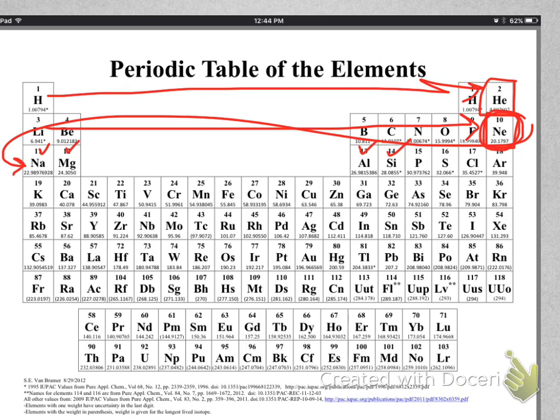Now, it takes a little bit of practice on this, and a lot of people will start out still needing to write the electron configuration notation. But once you get good at it and once you learn some tricks from the periodic table, it's very simple. Let's practice one or two together.